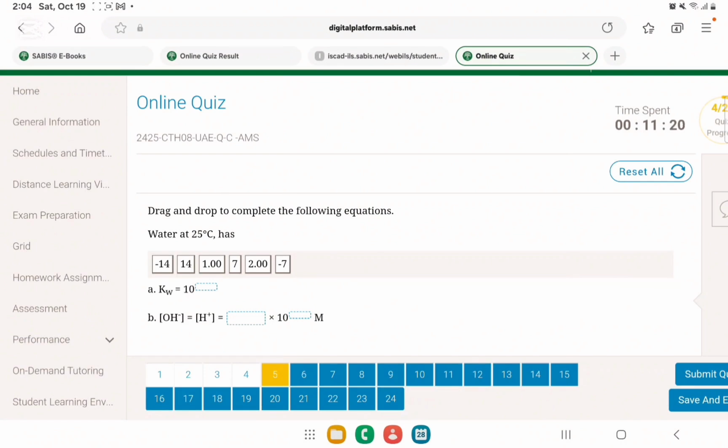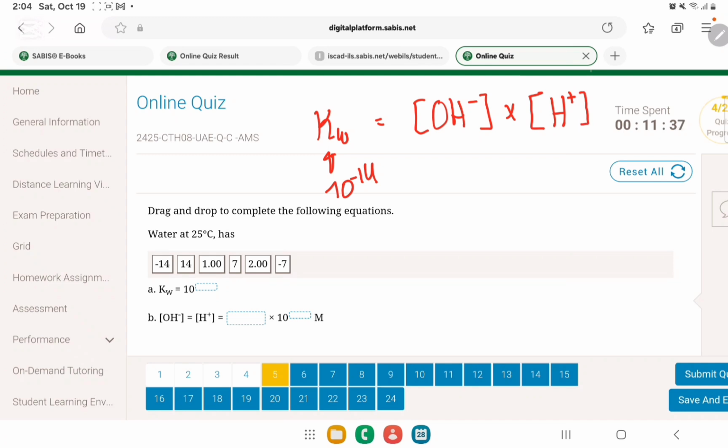Here, yeah, this is the thing I was talking about. There's only one formula you need to memorize. Kw, which is always 10 to the power of negative 14, is equal to the concentration of OH minus times the concentration of H plus. And the temperature always has to be 25 degrees Celsius.